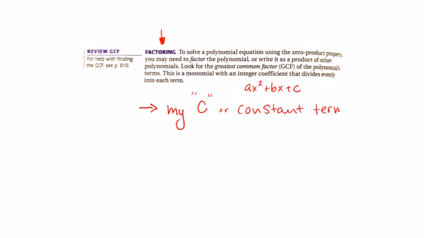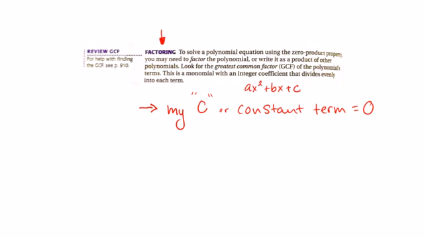So when I'm looking at factoring here, or finding the GCF, what I need to look out for is when it's written like ax squared plus bx plus c, my c, or constant term, equals 0.